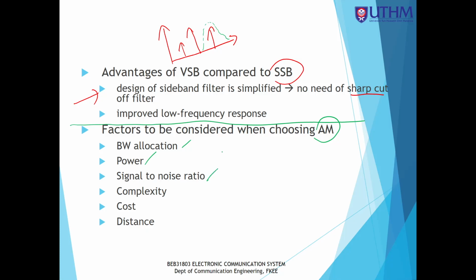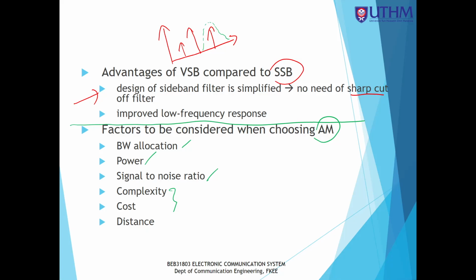Signal to noise ratio: if the application needs a higher signal to noise ratio, we can use single sideband, for example. What about complexity and cost? If you want a system with less complexity, we can use double sideband full carrier. The full carrier is a more simplified circuit compared to single sideband or double sideband suppressed carrier.